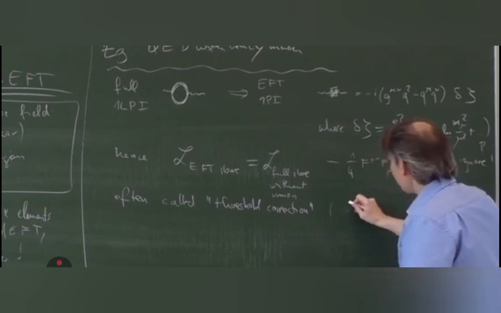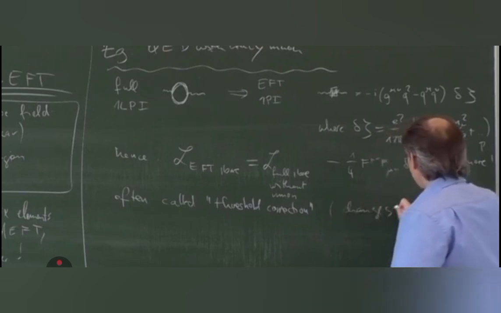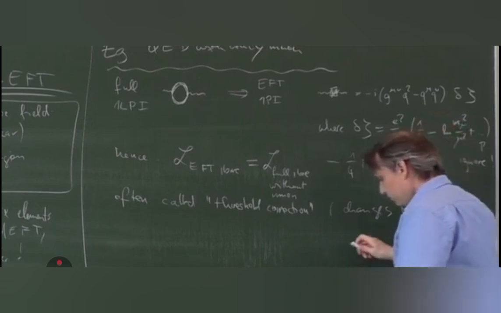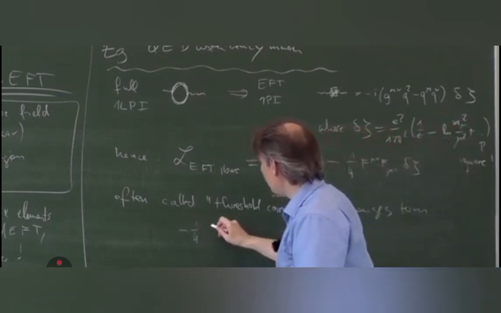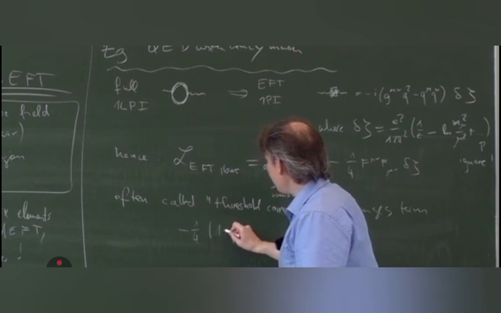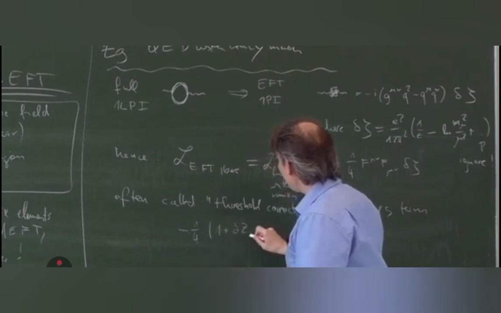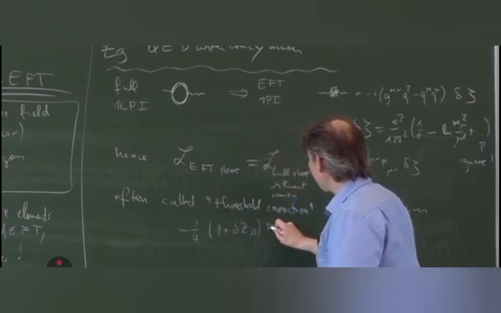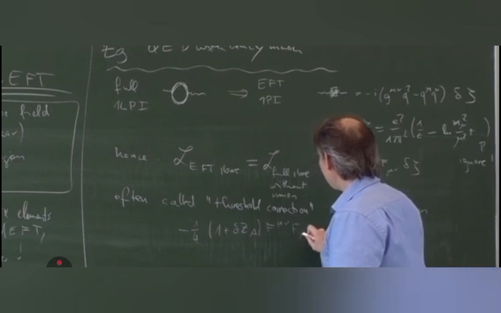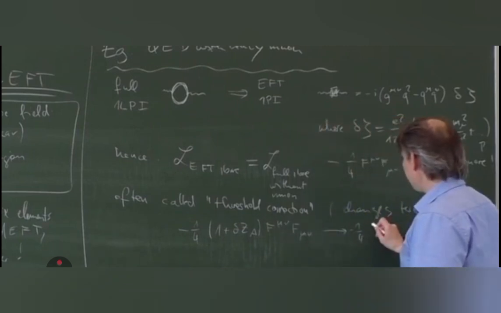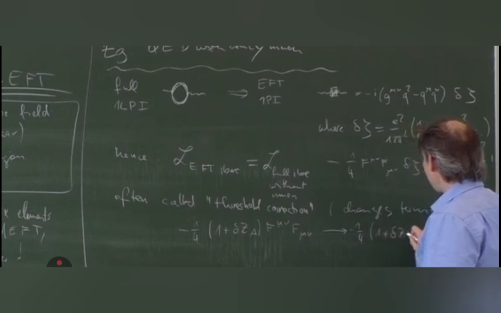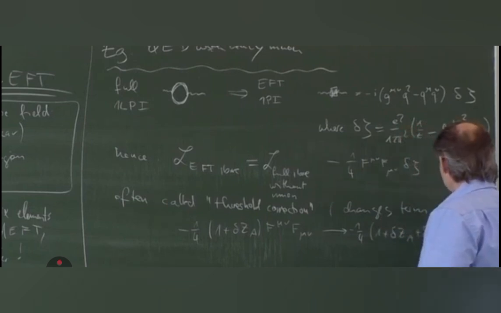So this changes the term minus 1/4. In principle there is already (1 + δZ_A) in the bare Lagrangian, F_μν squared, minus 1/4 (1 + δZ_A + δζ) F_μν squared.